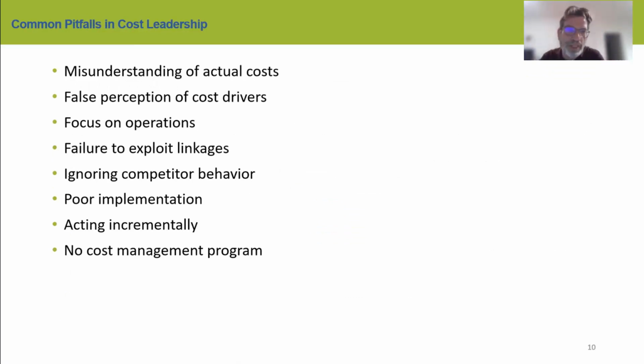These are some problems that we are going to maybe face when we are discussing the cost leadership. Sometimes we may have a misunderstanding of the actual costs. Sometimes we can have false perception of cost drivers.